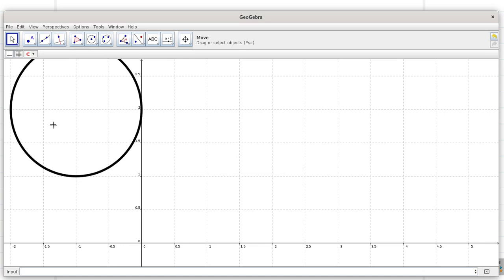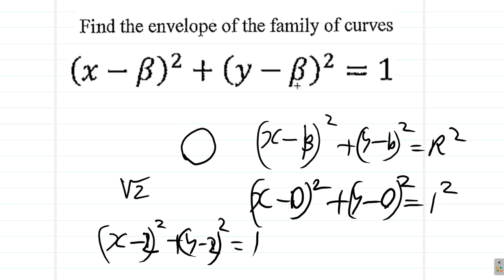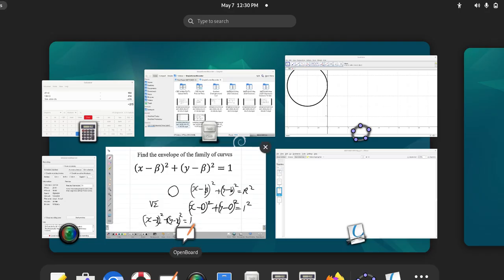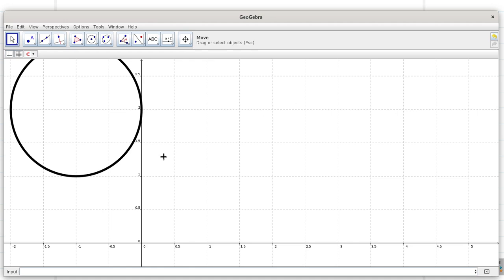Alright? Now the thing is, with this, beta is a parameter. The radius is fixed. Beta is a parameter. Right? And it's the same values here. So I can plot another circle. Let's plot another circle.